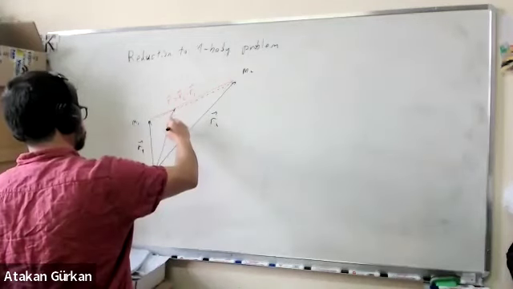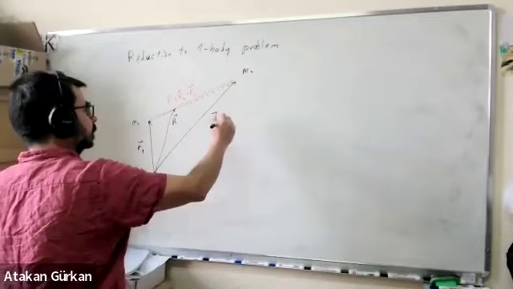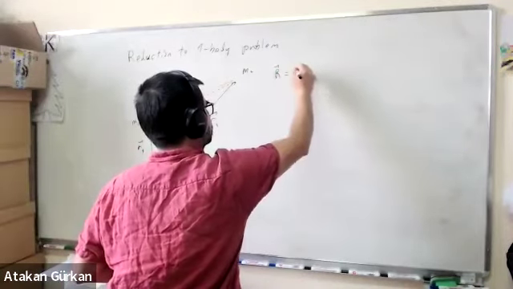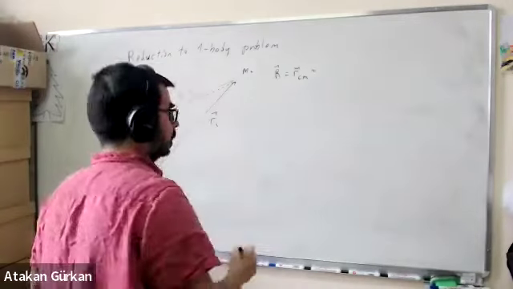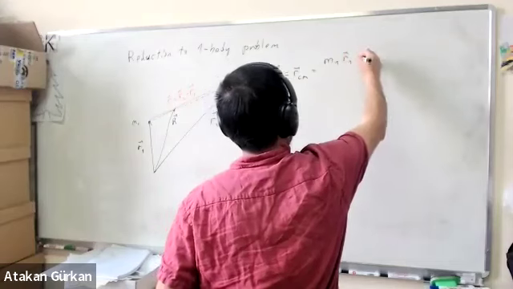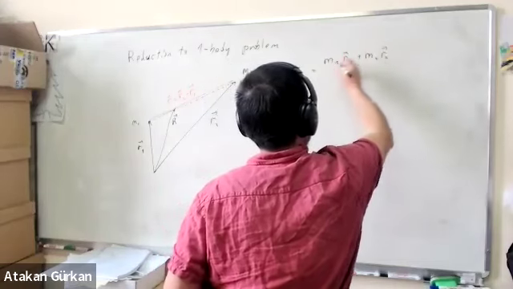Say R is the position of the center of mass, and what we are going to do is, you probably know this already, I don't need to justify this definition.